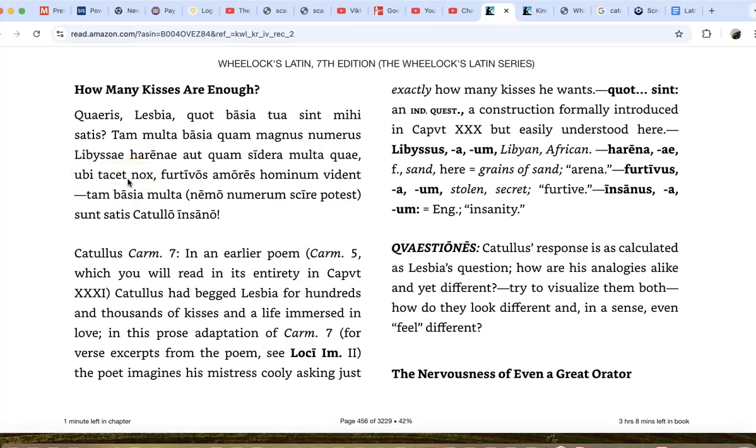And then furtivos amores hominum vident. How do we read that? Literally, see, here they have furtive. Actually, that word furtive does relate to stealing in English.